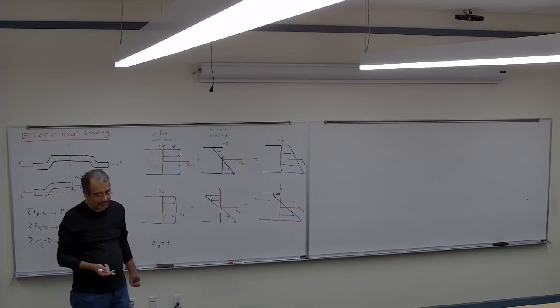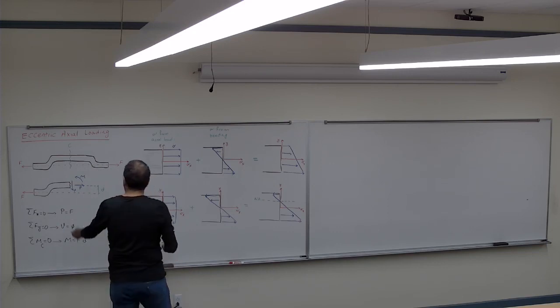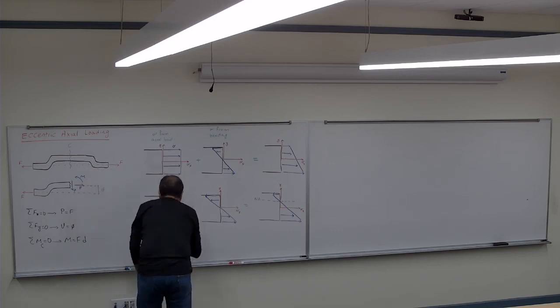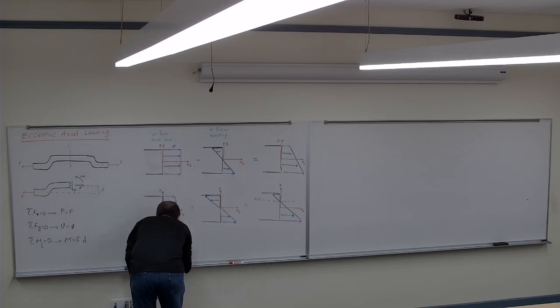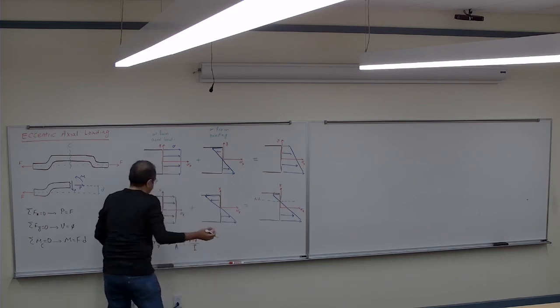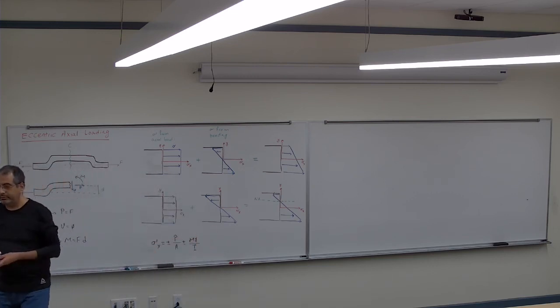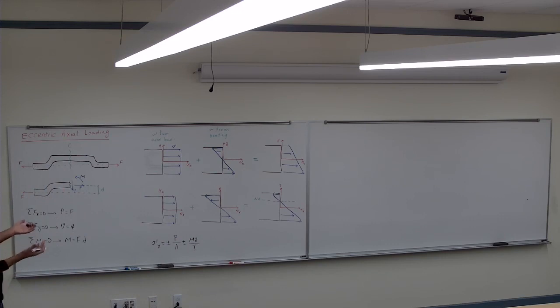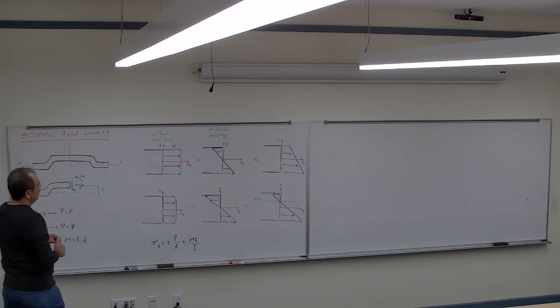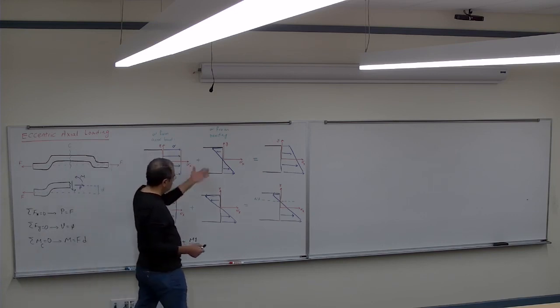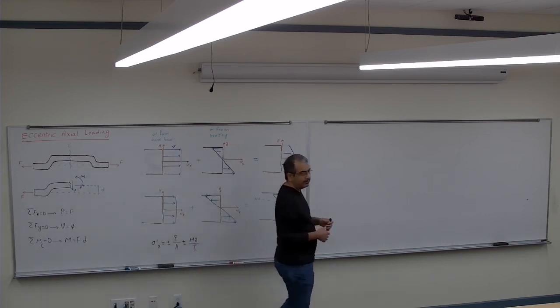It's P divided by A, plus or minus My divided by I. So this is how we will calculate the sigma x. Basically we calculate it separately for each case and then we add them together.